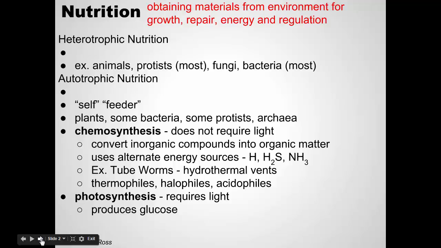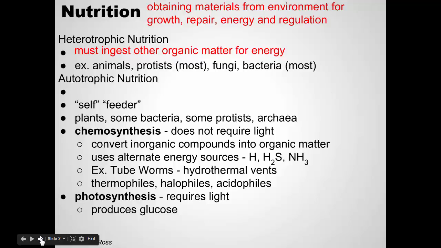And as we've talked about in the past, there's heterotrophic nutrition and autotrophic nutrition. In heterotrophic nutrition, organisms need to find material to gain energy, whether that's hunting and eating something or breaking down dead material.